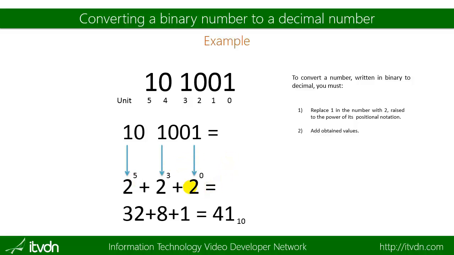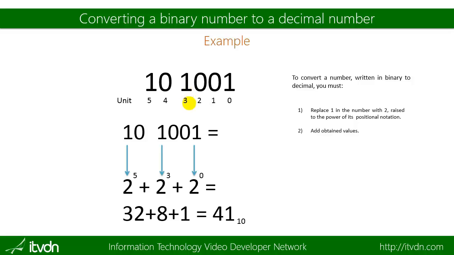So the first one here, which we replaced with a 2, is raised to the power of 0. So we write 0. The second one here, which was also replaced with a 2, is raised to the power of 3. We omitted the 0s.